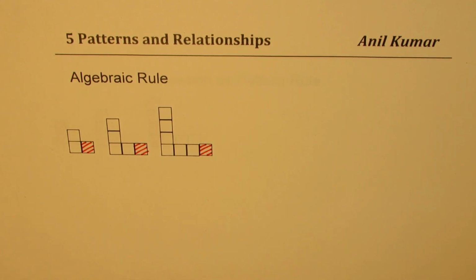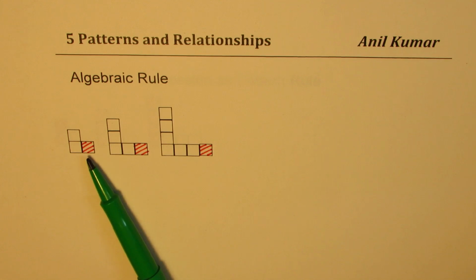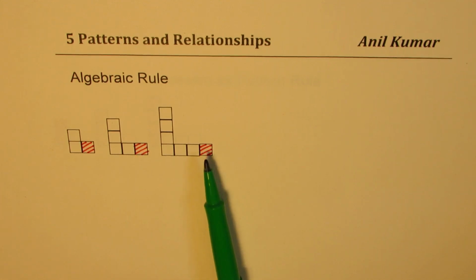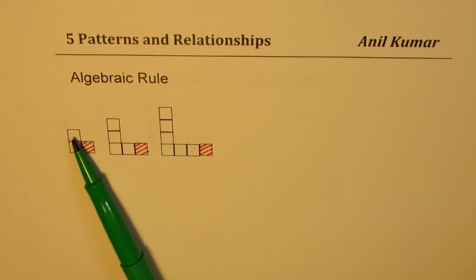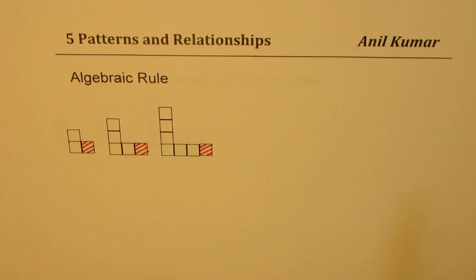You will have to write an algebraic rule for this pattern, where this, as you can see here, is a fixed number and those are the boxes which are growing. Defining a variable, you have to write an algebraic rule for such a pattern.